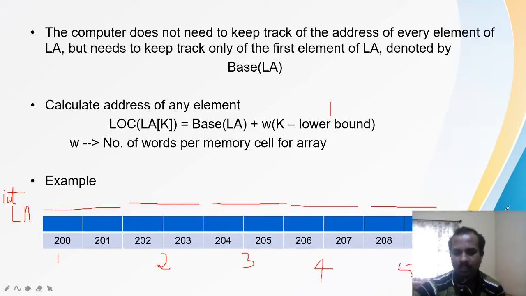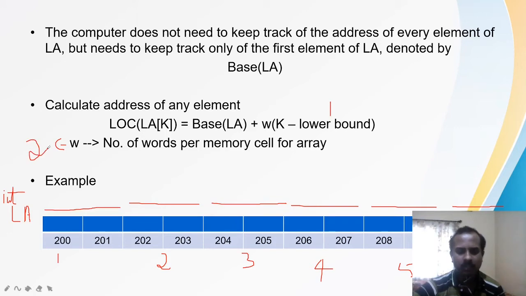Now this is allocated to the sixth element. So what is the upper bound value? Upper bound is obviously 6. Correct? What is the W value? That is the length or the size. I assume that it is going to only take 2 bytes.